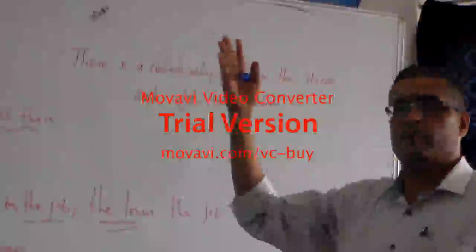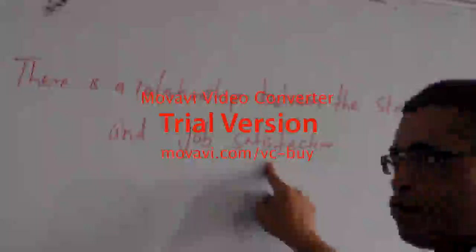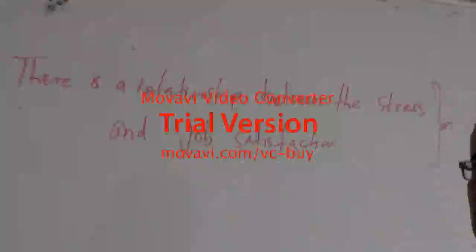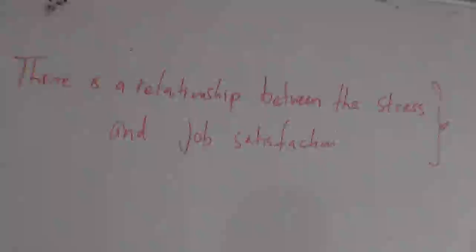We specify which one is greater, which one is lower. But here, there is a relationship. We say just there is a relationship. But we didn't determine what type of relationship between the stress and job satisfaction. It could be if the stress is high, the job satisfaction is low. If the stress is less, then the job satisfaction is high. Okay? So this is non-directional because the direction is not clear. But here is directional because the direction is clear.